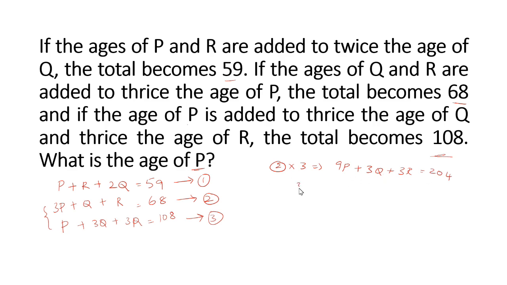And equation 3 becomes P plus 3Q plus 3R is equal to 108. On solving, 8P is equal to 96 since Q and R variables are eliminated. Hence, the age of P is 12 years.